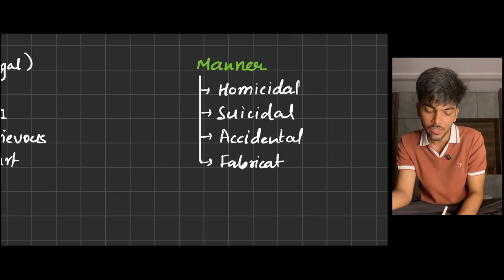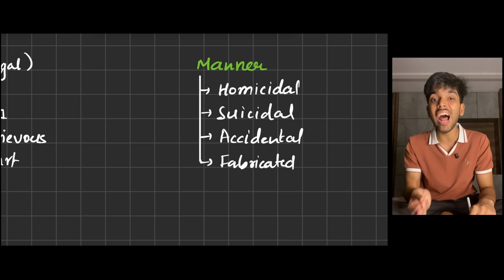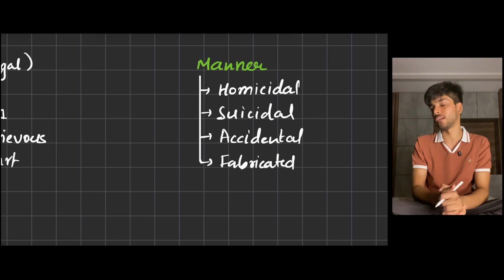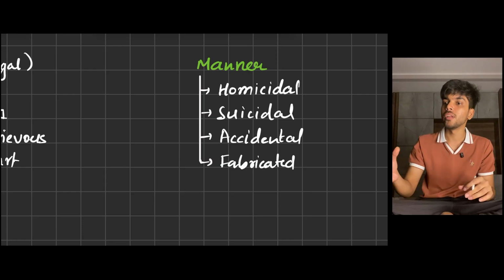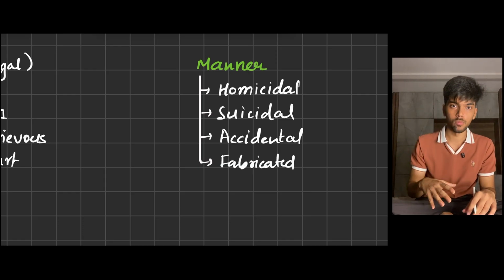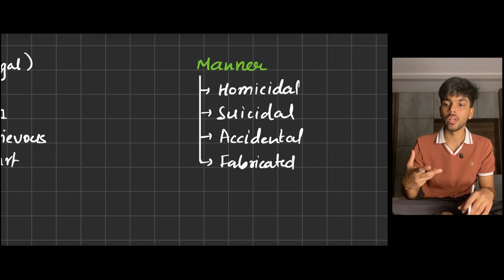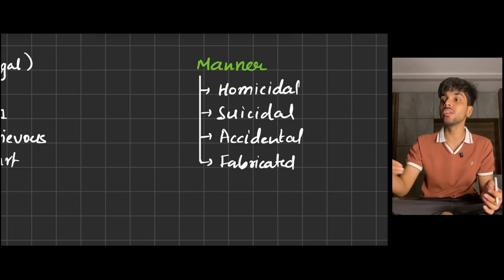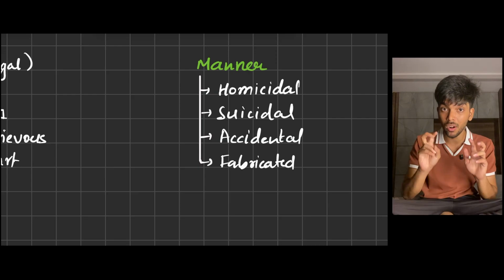What is a fabricated injury? Fabricated injuries are artificial injuries or fake injuries. Why are they created? For example, let's say someone is trying to defame you by telling that you have beaten him up, but in actuality you haven't even touched him. As evidence, the police tries to find injuries on the body of the so-called victim.